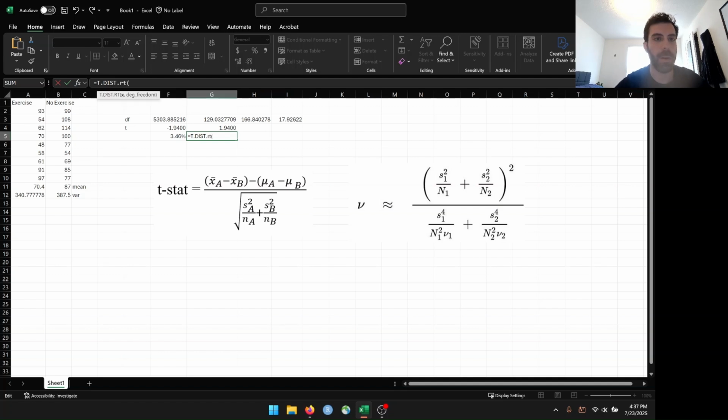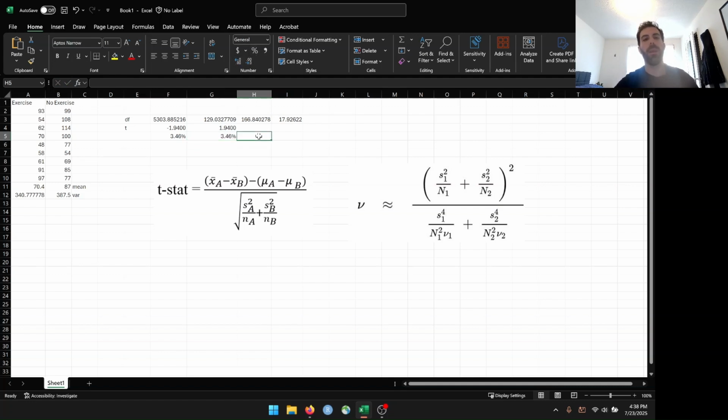Oops, I didn't put the argument in there. Here's my t-statistic. Here's my degrees of freedom. And it's not even asking me if I want it to be cumulative or not because I specified that it's right-tailed. But I think by default it assumes that argument is true. And I do get the same value as before. So yeah, we get a p-value of 3.46.